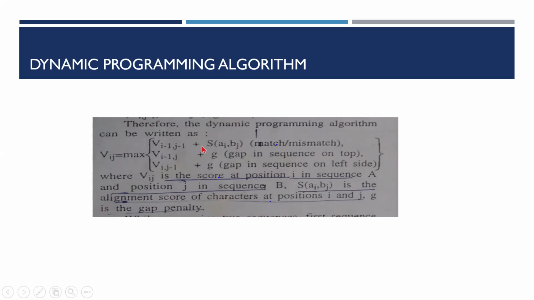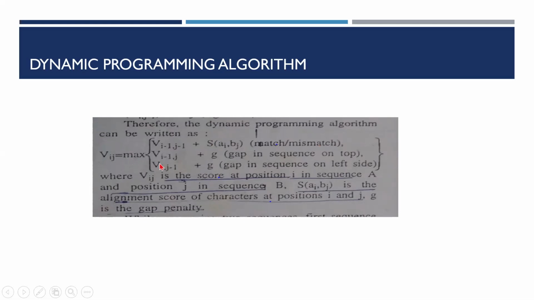Take that value plus S(Ai, Bj). This S(Ai, Bj) is the alignment score of the character at position I and the character at position J. Character of sequence A at position I and character of sequence B at position J. In simple words, remember that this is the alignment score, whether it is a match or mismatch.